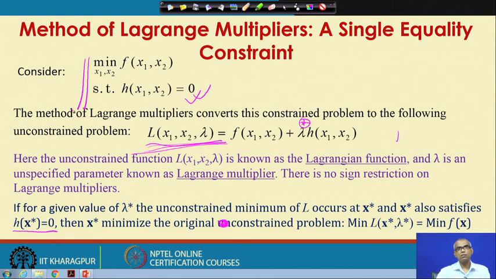In other words, the minimization of the Lagrangian function and the minimization of the function f x become synonymous. Why? Because at the minimum point x star, the equality constraint will be satisfied, so this part will be 0. So the minimum of L will be equal to the minimum of f x.